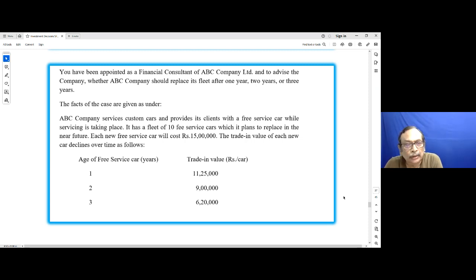You have been appointed as a financial consultant of ABC Company Limited to advise whether it should replace its fleet after 1 year, 2 years or 3 years.